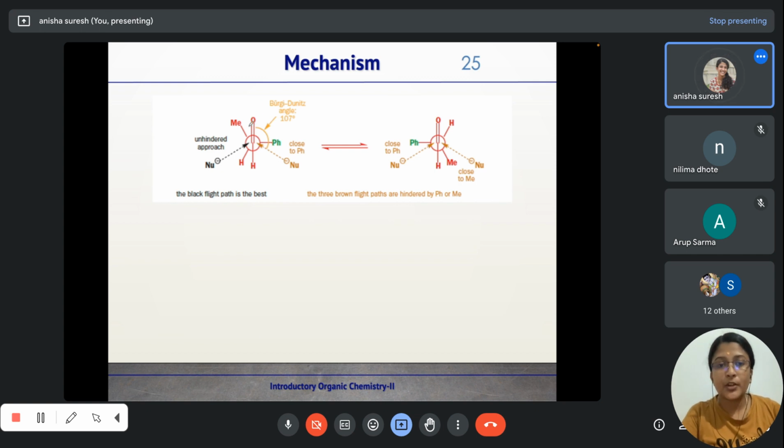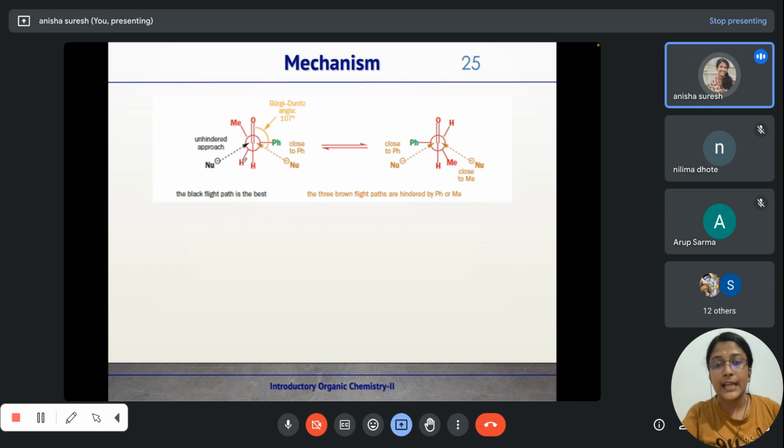So we draw the carbonyl group, the Ph group, which is the larger group, drawn perpendicular to the carbonyl. Then two possibilities are there. One hydrogen can be below, methyl can be above, and if we rotate it, it can result in this conformation as well.